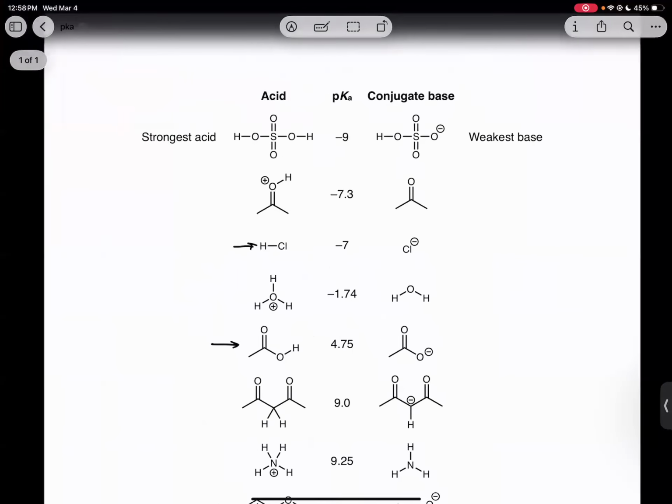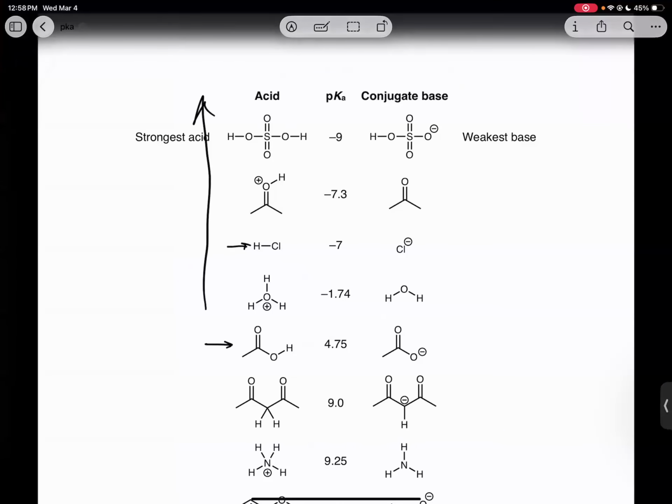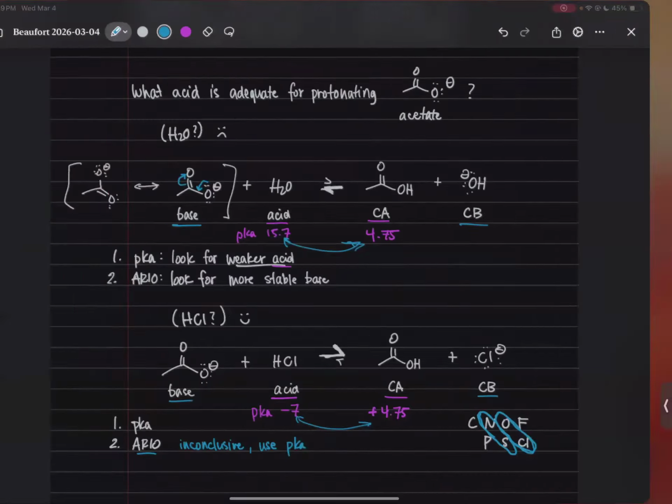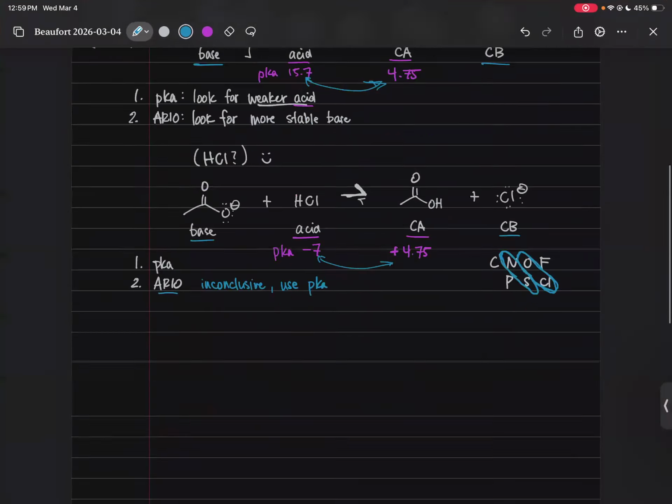So that means that any of these acids will be sufficient. Okay, so sulfuric, this protonated ketone, which is not really something you have in a bottle very often, HCl, or hydronium, which is just a generic strong aqueous acid.